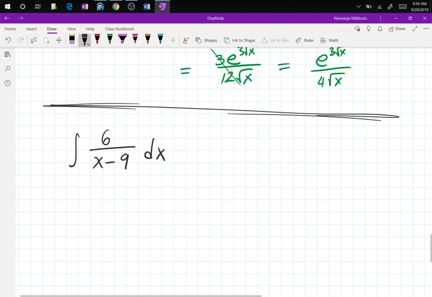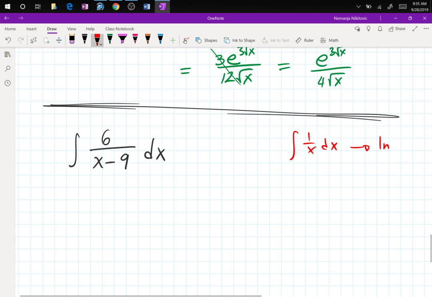All right, guys. So you are going to see this type of integral at least 117 times in Calc 2, and then it's going to keep popping up later on. What you need to see here is that this is of the form integral 1 over x dx, which leads into ln.